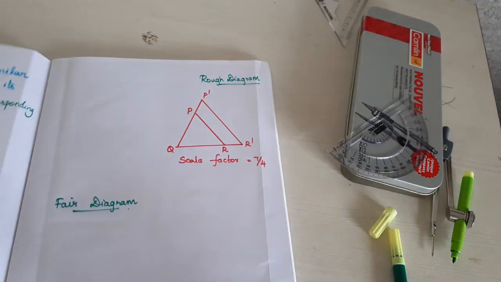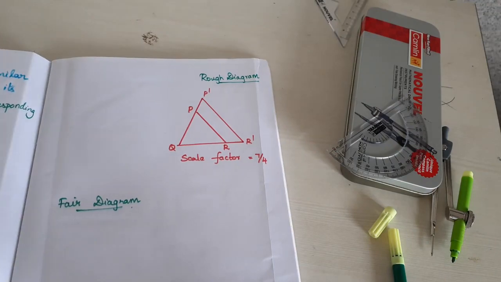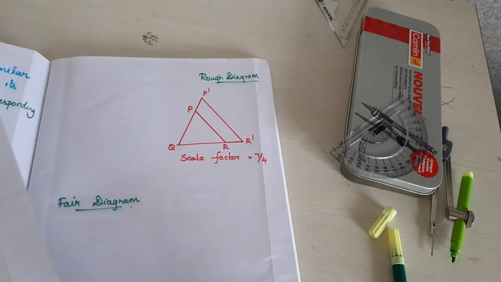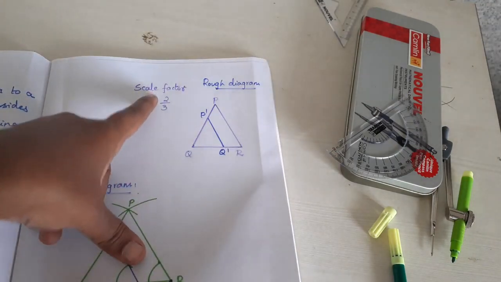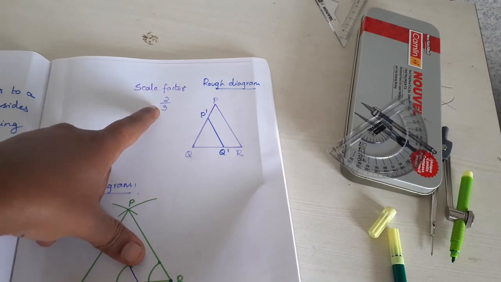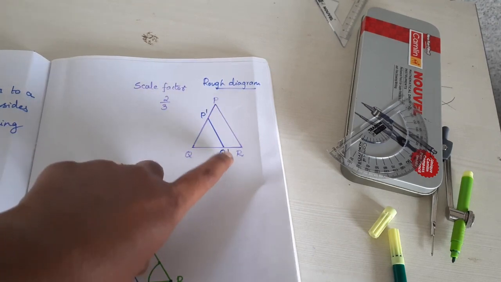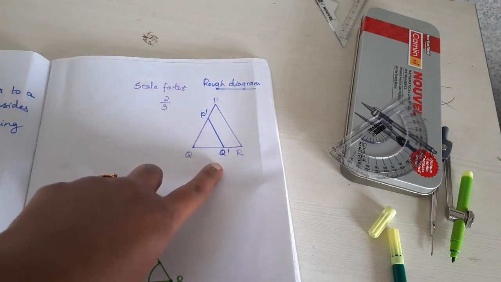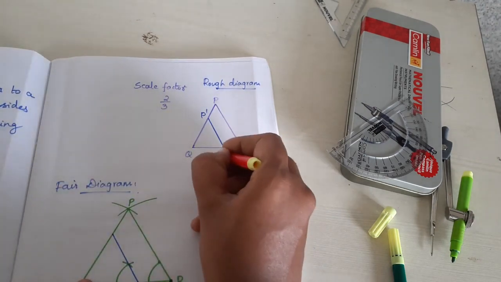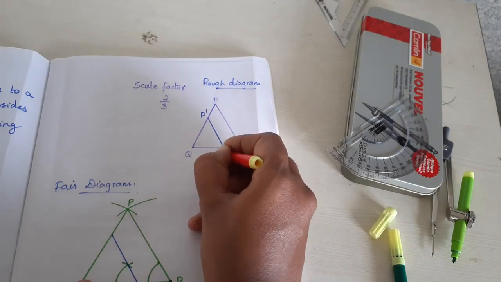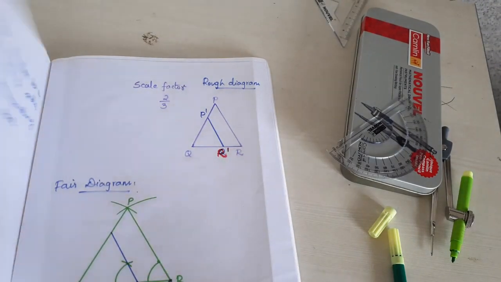See the difference? There is only one difference in the rough diagram for proper fraction and improper fraction. Here the scale factor is 2 by 3. Proper. Okay, proper means the dash will come inside. P dash and Q dash. Sorry, it is R dash. The previous problem itself you can change this. It is R dash.